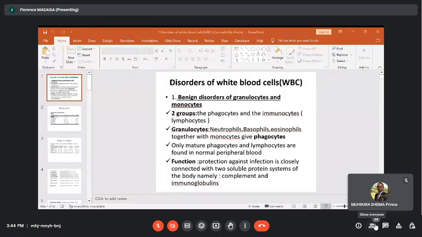Then neutrophil is the most predominant, occupying 40 to 80%. Then come lymphocytes, 20 to 40%. Then you have monocytes, eosinophils and basophils. We have the absolute count, which is there as a reference.